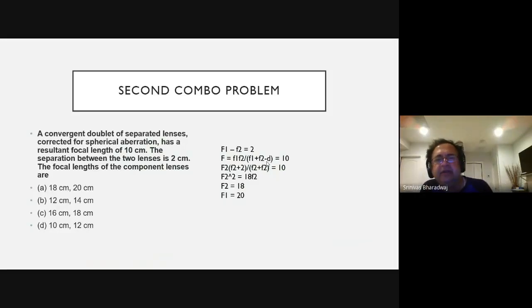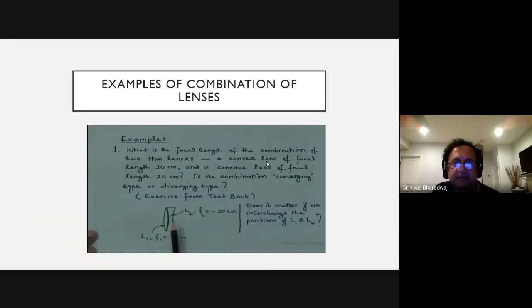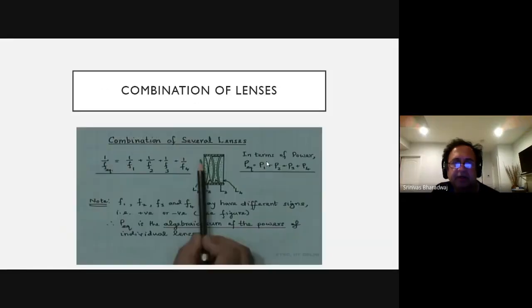He's telling you that the resultant focal length F is F1 F2 divided by F1 plus F2 minus D, which is 10, and F1 minus F2 is also 2. When you correct for spherical aberration, you have to correspondingly separate the lenses by the difference in their focal lengths.